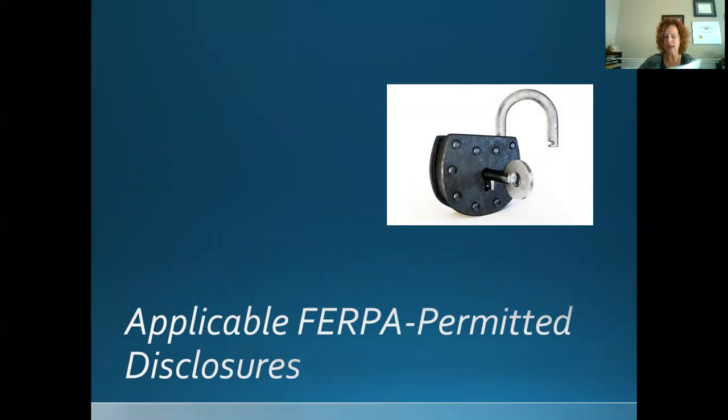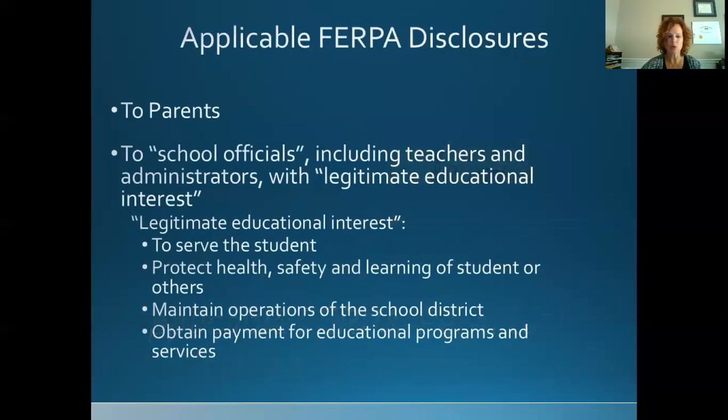So just as I gave you a list of HIPAA and Part 2 permitted disclosures that might apply to student behavioral health records, we're also going to go over some of the applicable FERPA permitted disclosures that might apply to those records. FERPA permits disclosures of FERPA covered records to be made to the parents of the student. As I mentioned, they essentially have a right to access under FERPA, and to school officials.